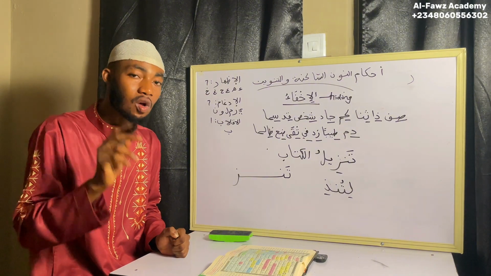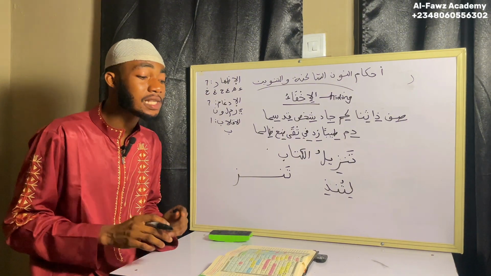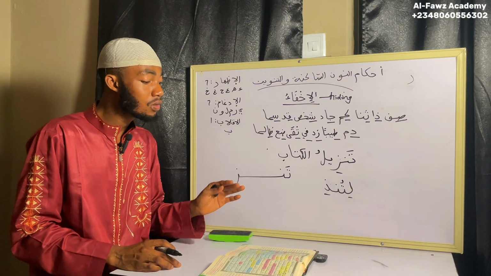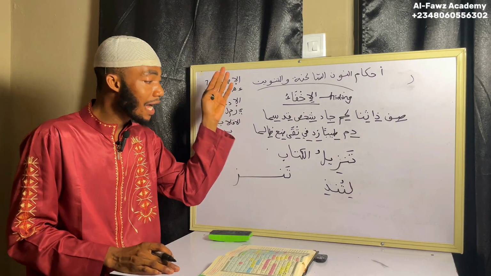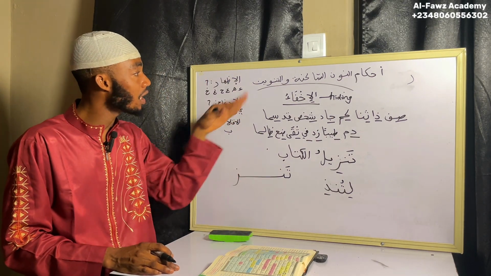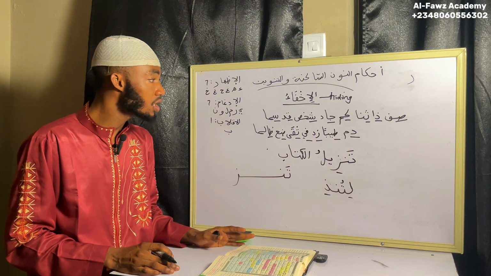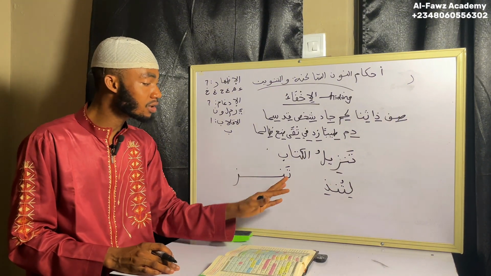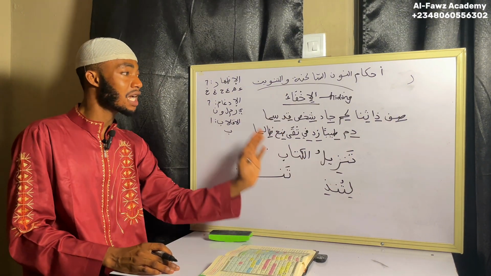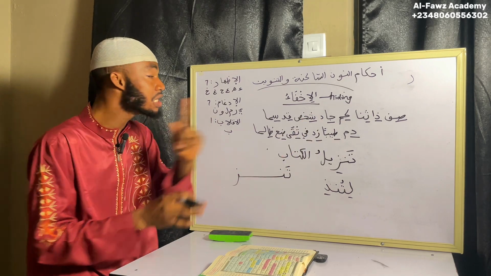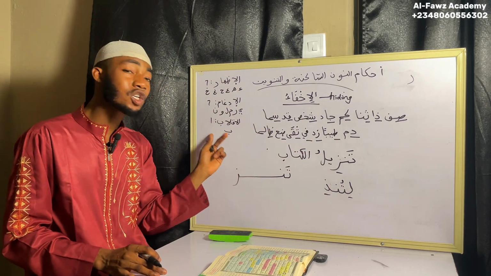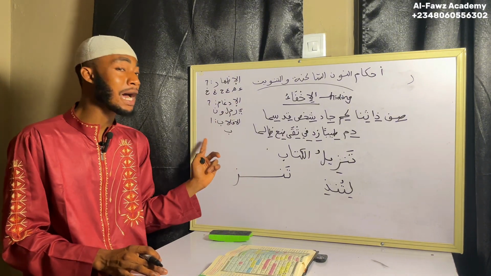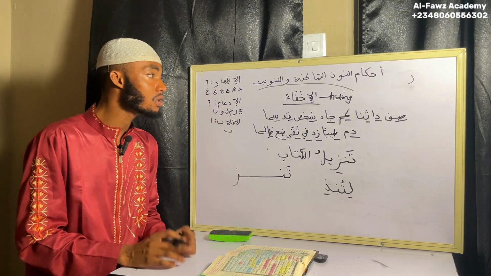I hope you understand everything relating to Al-Ikhfaa at this point. When you see any Noon Sakinah or Tanween coming before any of these Arabic alphabets, it will be hiding into it, not totally submerged into it, not totally showing, and surely not changing, because it's not Al-Ba. That is everything about Al-Ikhfaa.